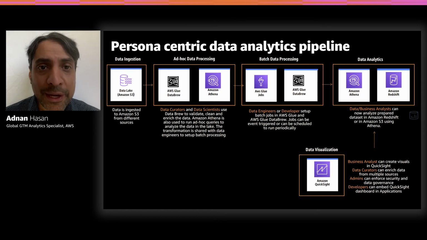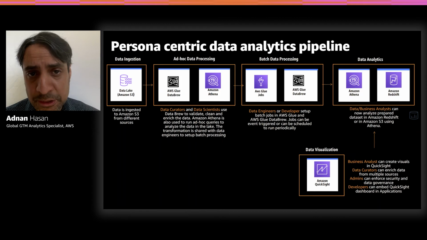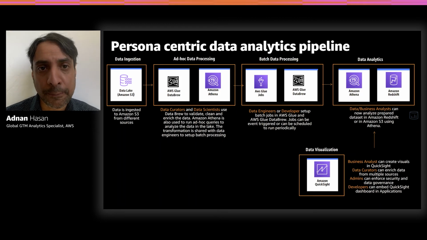So we have just released a tool, AWS Glue DataBrew, that allows curators and data scientists to process the data, enrich it, prepare it, clean it up, and then if there is any transformation needed, they can also do that. Once that transformation is done, then they can hand it over to a data engineer to create a formal pipeline in AWS Glue.